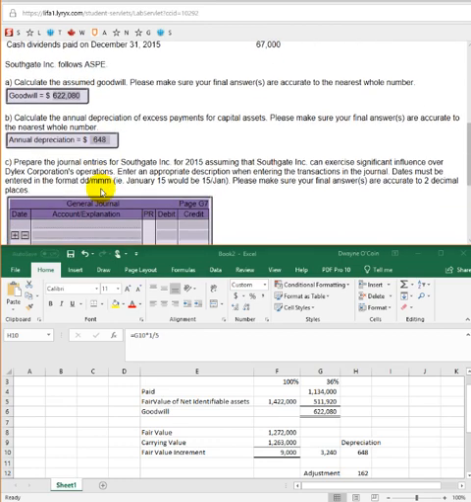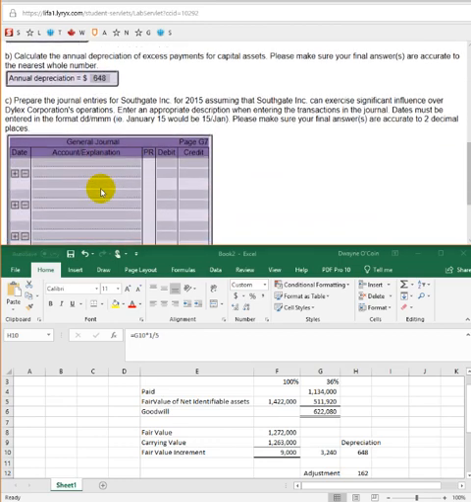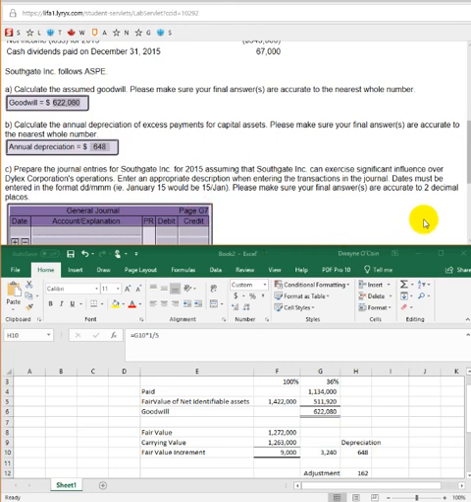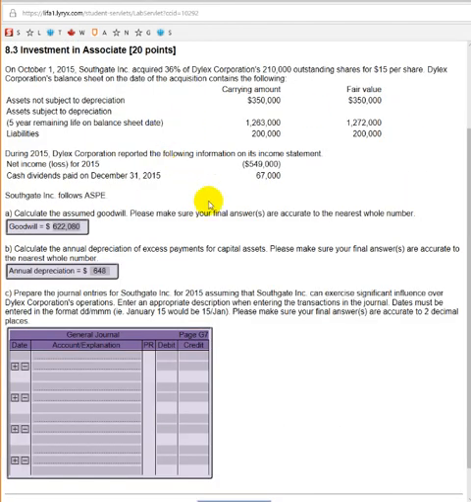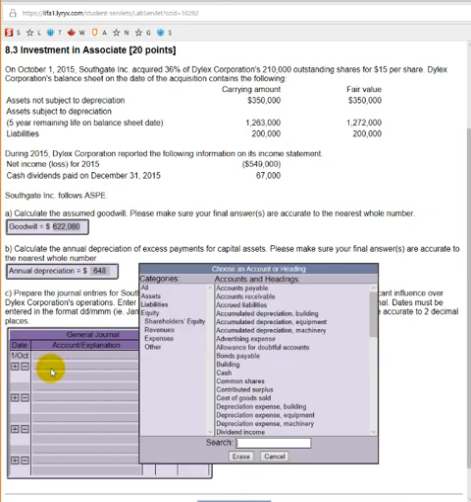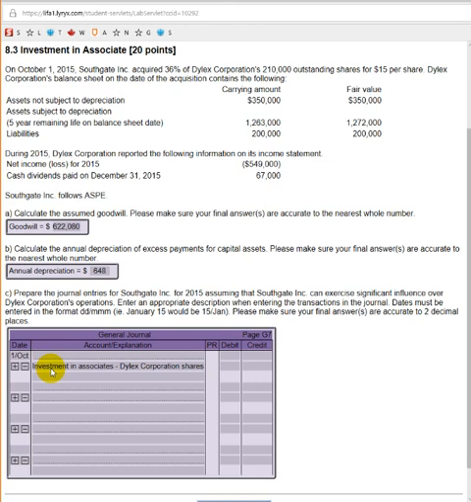And then we're supposed to do some journal entries. So we'll do those journal entries in full scale Lyrics. And here we are back to full scale Lyrics. The first transaction is the one on October the 1st. We bought some investment in associates.